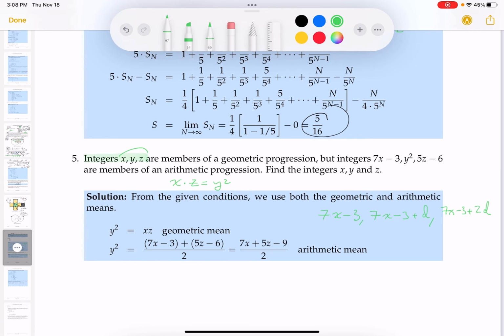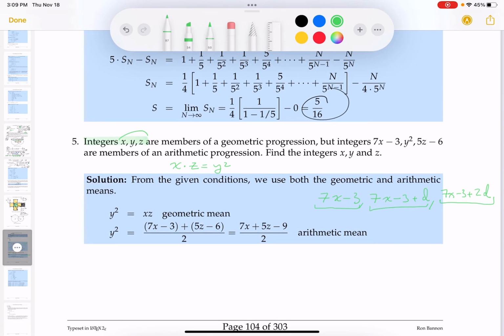Now, what do I know about that? I know that if I took this term and that term, right, and let me see if I got that right, I add them together, and I divide by 2, I'd get the middle term. So let me put that down for you.